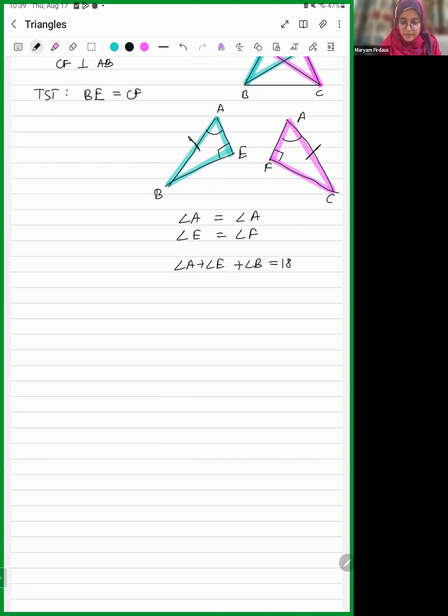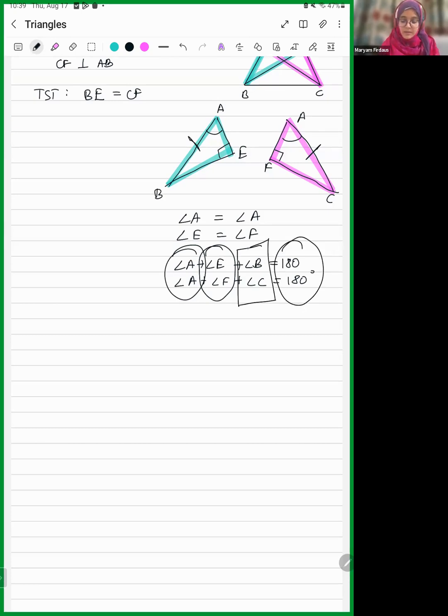Similarly, in the pink triangle, angle A plus angle F plus angle C is also 180. Angle A equals angle A, angle E equals angle F, and 180 is 180. So angle B equals angle C.